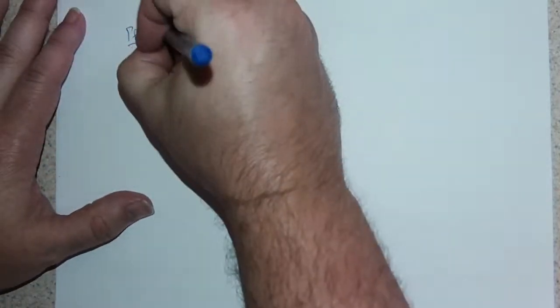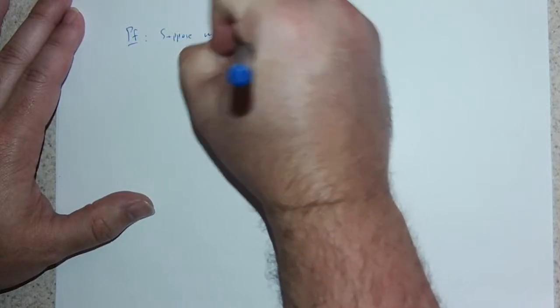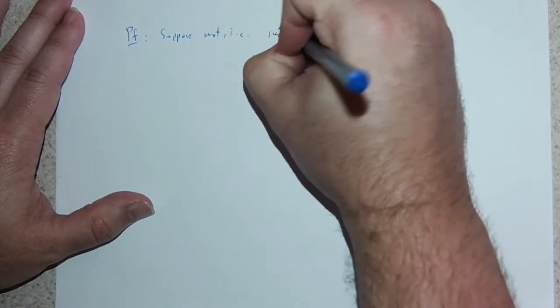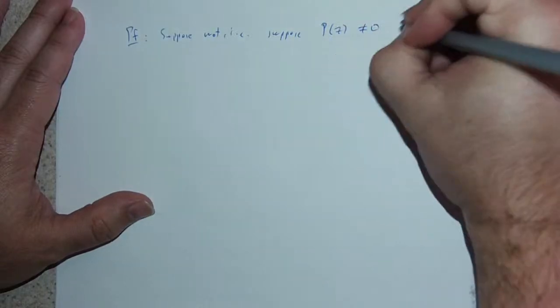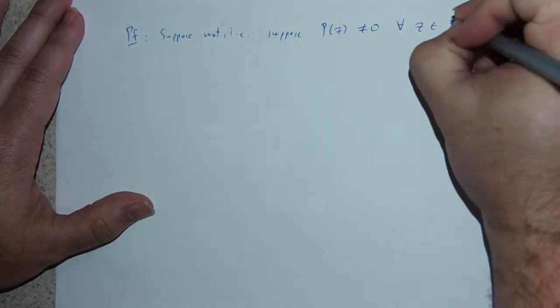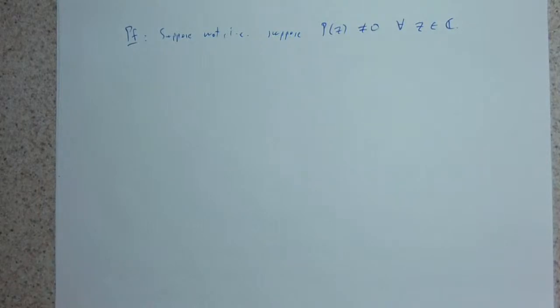So suppose not, i.e., suppose that this polynomial, p of z, is non-zero for all z. Right? So for all complex numbers, suppose that polynomial is non-zero.